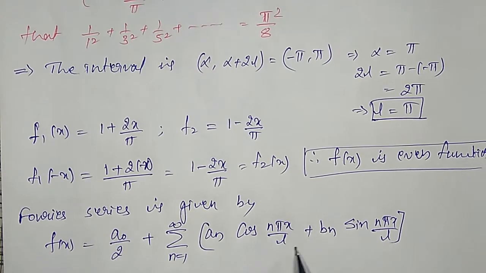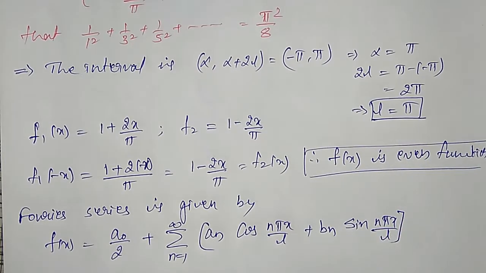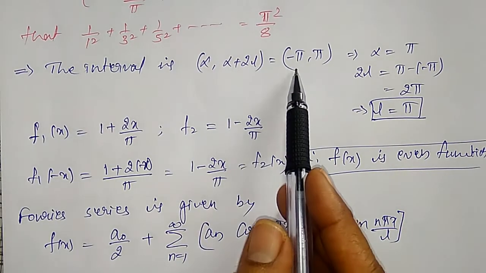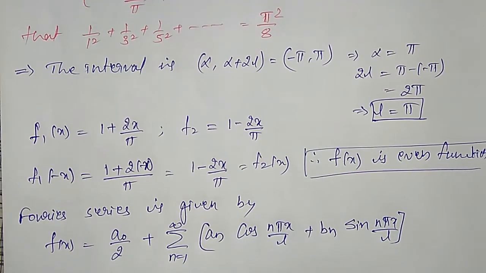Okay, then l equal to pi I have to substitute. Then I will get the series for minus pi to plus pi. Now let me calculate a0 first.